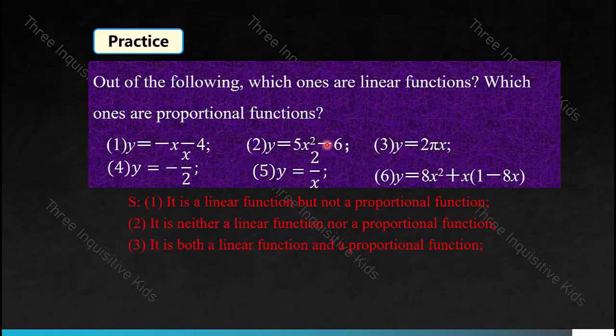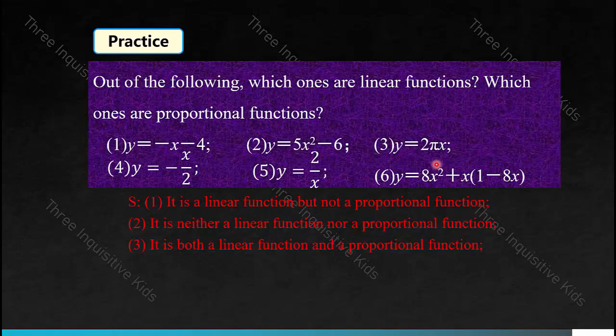Number 3 is both a linear function and a proportional function. You might think at first that it is not a linear function because you might think it has 2 independent variables. But remember, pi may be a symbol that is not what you're used to seeing as a number, but you have to know that pi is a constant.